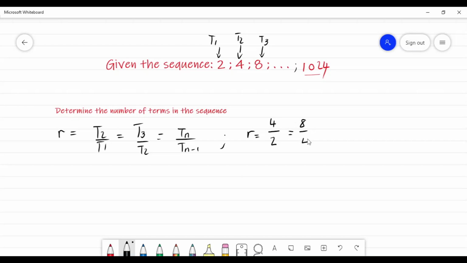So let's confirm: 4 divided by 2 is 2, and 8 divided by 4 is still 2. Therefore, we do have a common ratio between our consecutive terms, and our common ratio is 2. We can confirm that this is a geometric sequence, so we can start with our question.